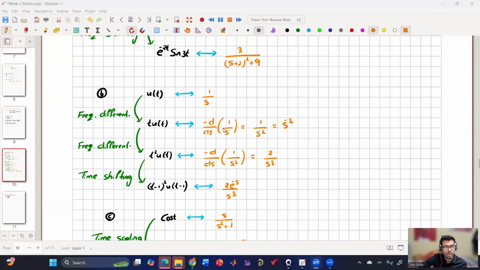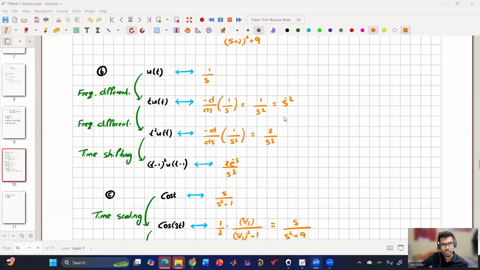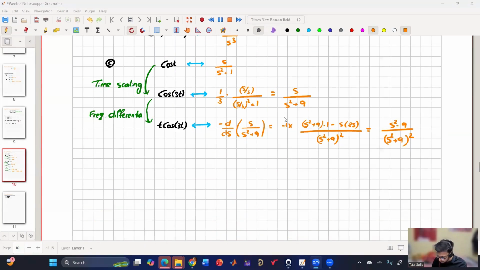So now what term is left in the question? We have calculated t cos 3t, right? So which term is left now? E to the power minus 2t. Yes, very good. So now we'll multiply by e to the power minus 2t into t into cos 3t.